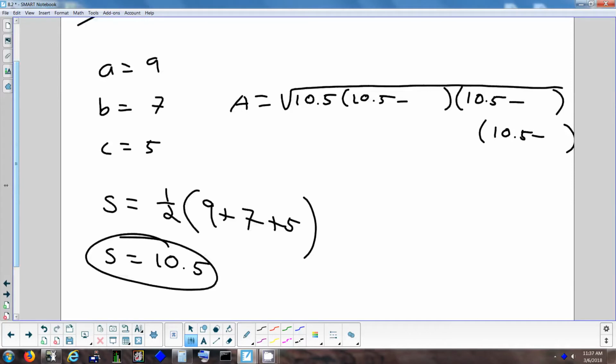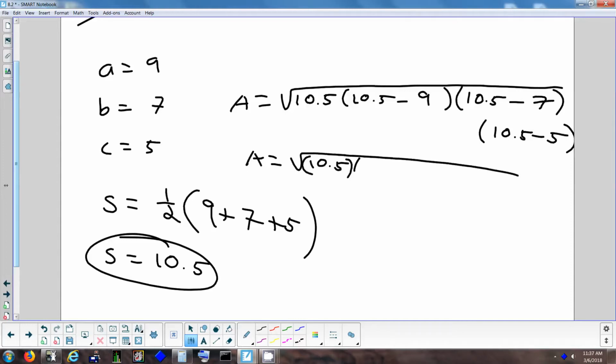So I put S, now I'm going to do S minus A, S minus B, S minus C. I would do this part out before you type it in. That'll just save a lot of parentheses on the calculator.